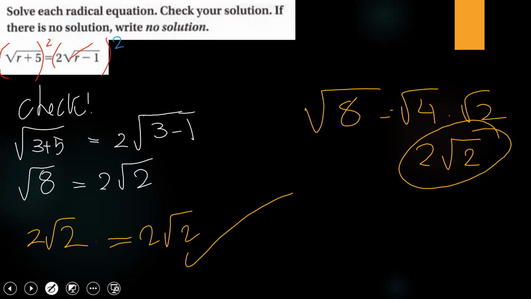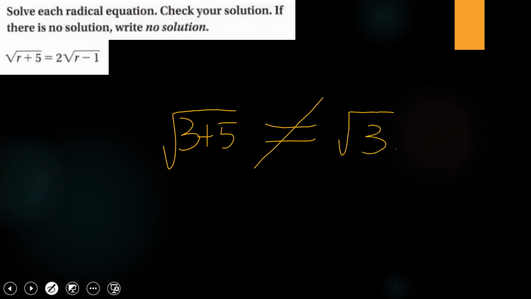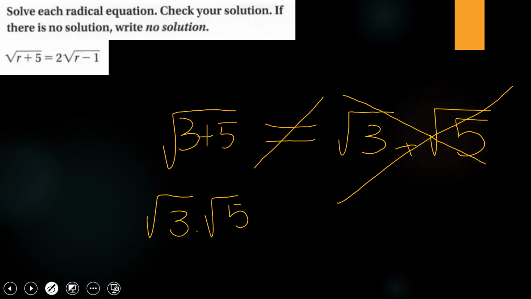But you cannot distribute the square root. I mean, here, if you have 3 plus 5, you cannot say it's square root of 3 plus square root of 5. This is false. Only if I have the square root of 3 times square root of 5, I can say it is square root of 3 times 5.